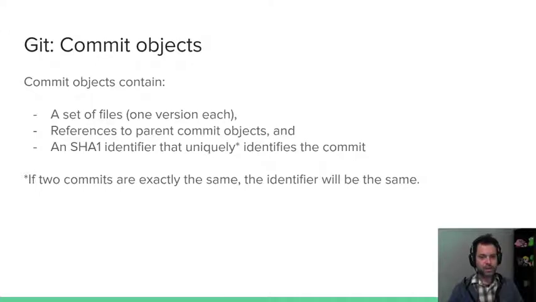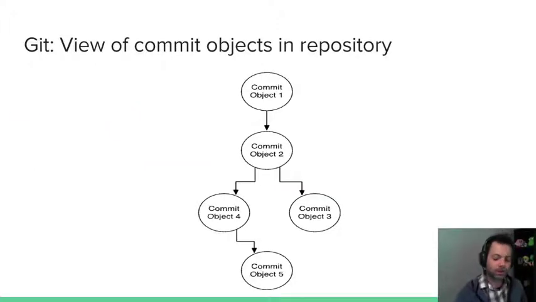Again, all this is a package of files with particular states, particular versions. Interestingly, if I have two commits that are exactly the same, so the files are the same, the parents are the same, the branch scheme is the same, the ID is actually going to be the same. So we have this notion that the identifier is generated based on the state of the project. So again, that's what a commit object is.